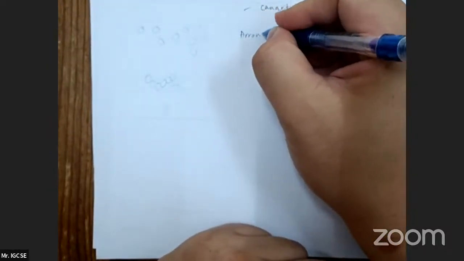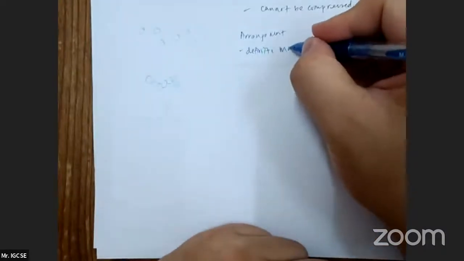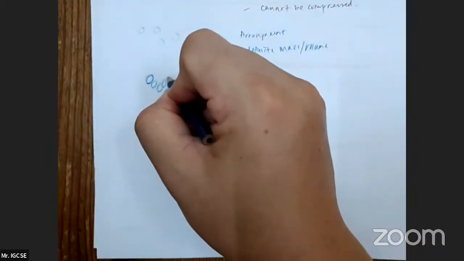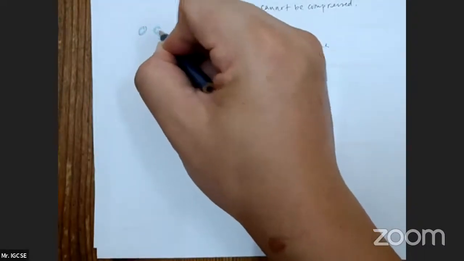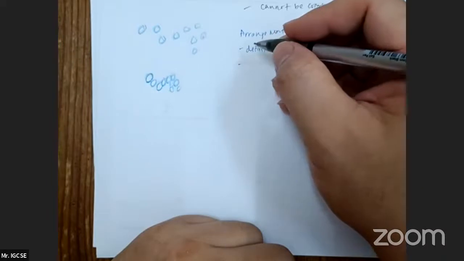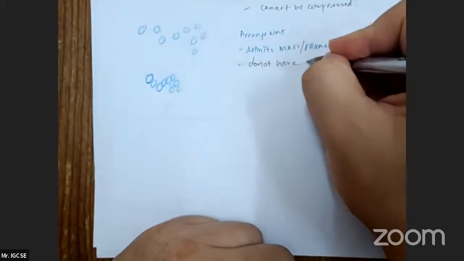Arrangement part: you have the definite mass and volume, and they do not have a lattice structure.